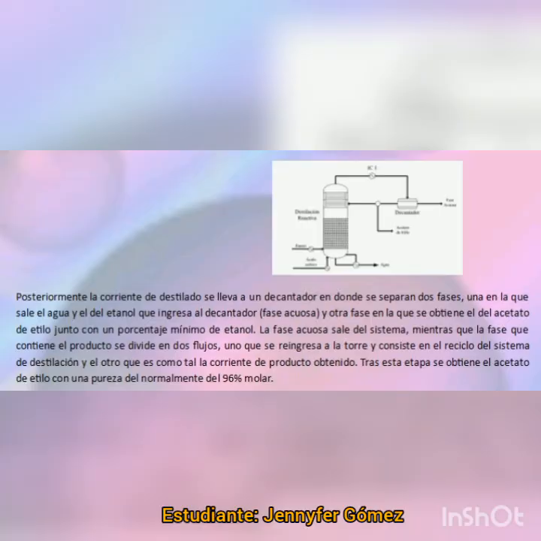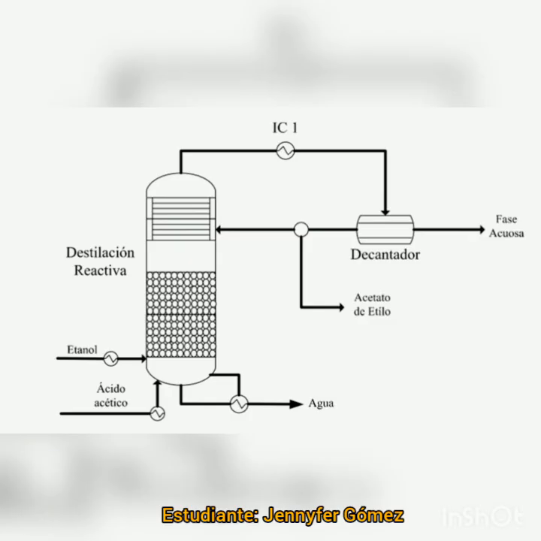Secondly, the distillate stream is taken to a decanter where two phases are separated: an aqueous phase, in which the water and the ethanol that enters the decanter leave, and another phase in which the ethyl acetate is obtained together with a minimum percentage of ethanol.